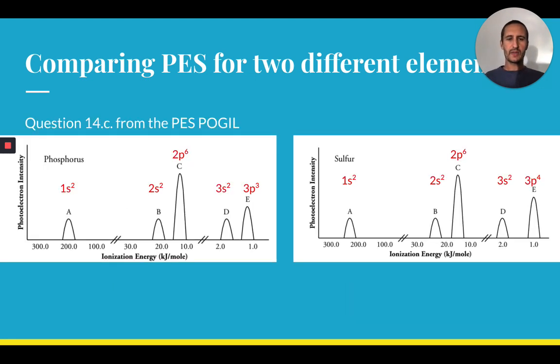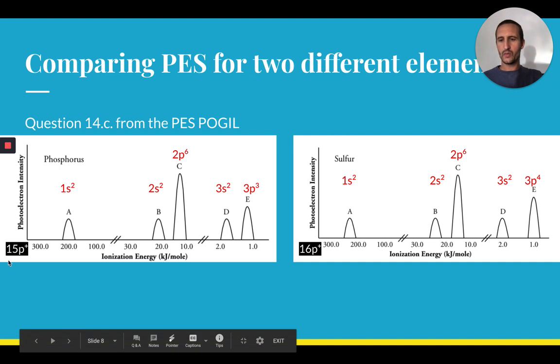One other thing that I would like to talk about is some exceptions. So here are 2 elements, phosphorus and sulfur. Now, just a reminder, phosphorus has 15 protons, whereas sulfur has 16 protons.